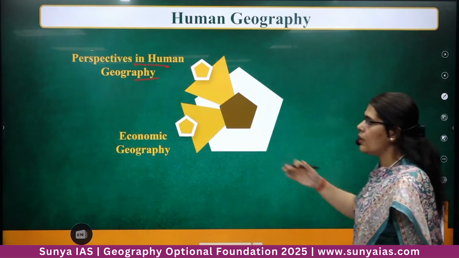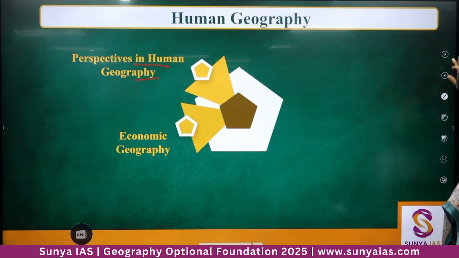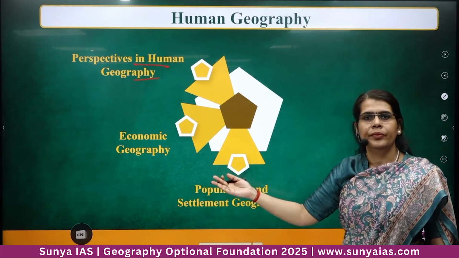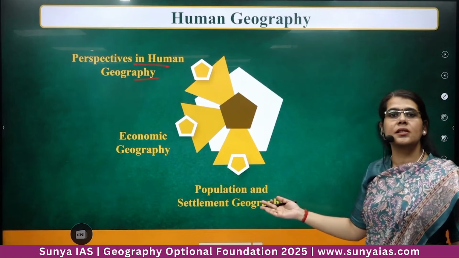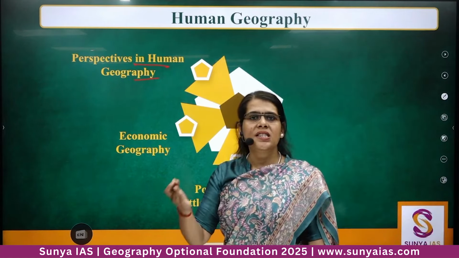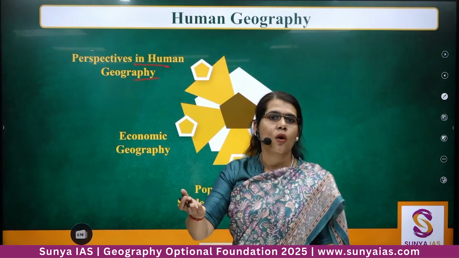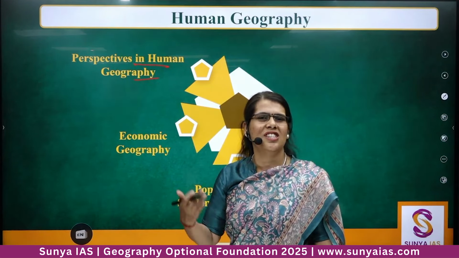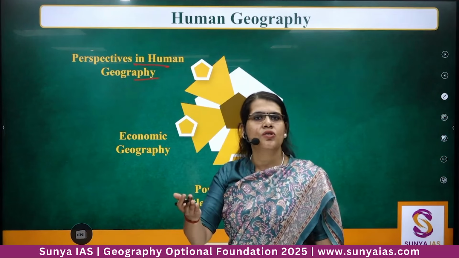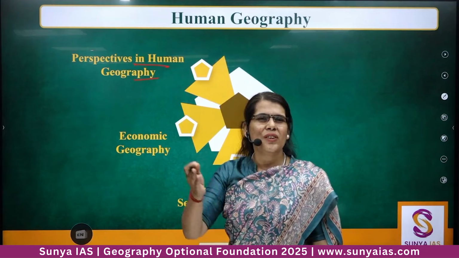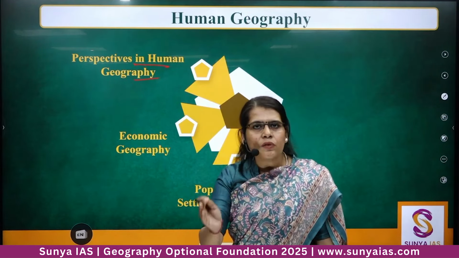Then Economic Geography, which encompasses the study of resources, industries, etc., and Population and Settlement Geography. Please understand, bacho, that the study you generally do for the optional is very haphazard. It is not very systematic, and because of this you do not pay attention to those units which can be very scoring and are relatively easier.